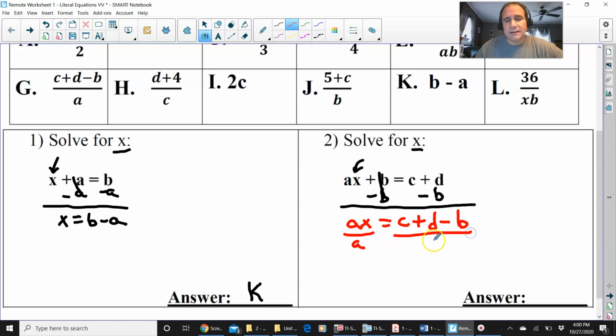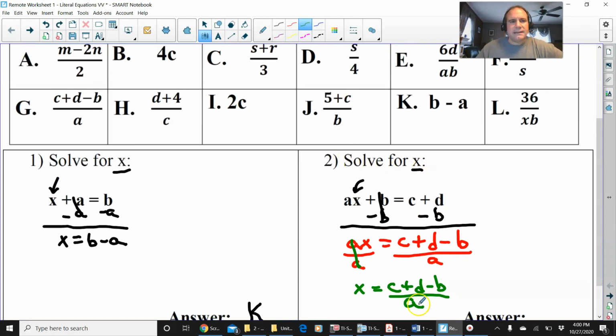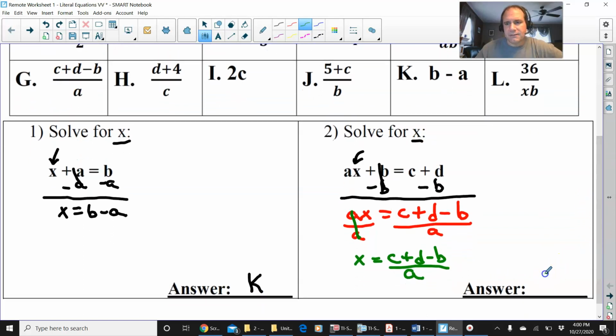And I'm dividing the whole side by a. The a's cancel, and you're left with x equals c plus d minus b over a. So that is g, c plus d minus b over a. Move this down and put G. All right, and that is your answer.